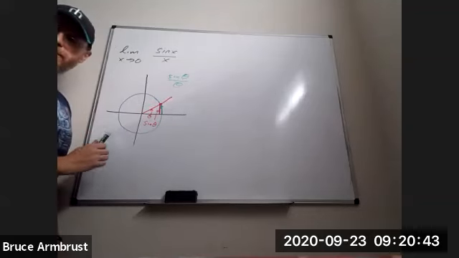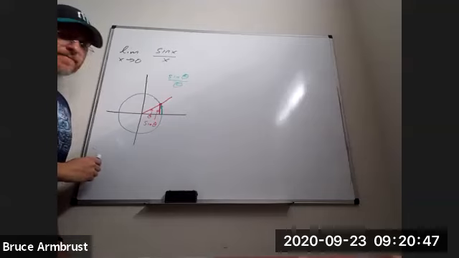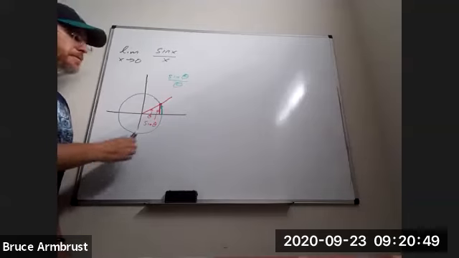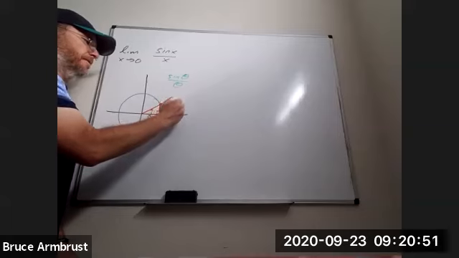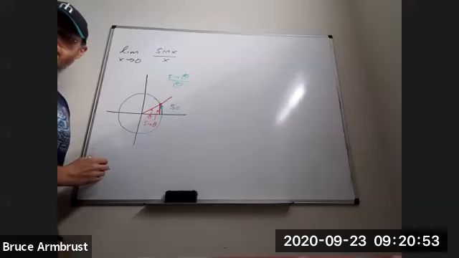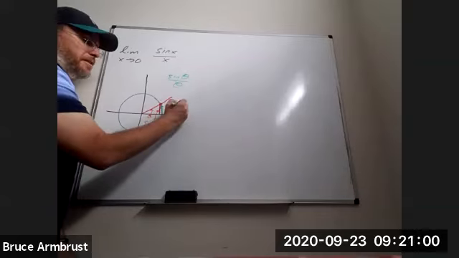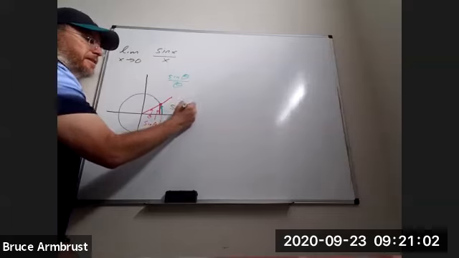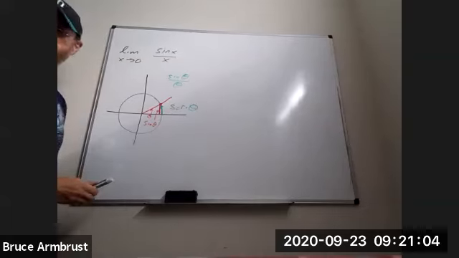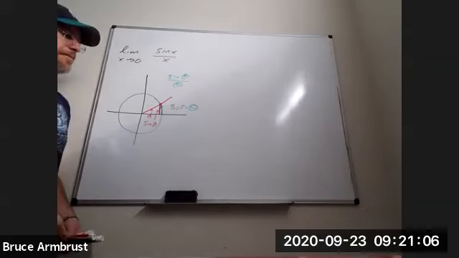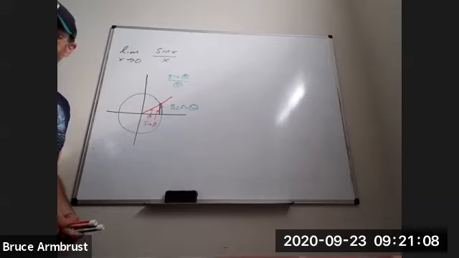anybody remember the formula for that? The one that starts S equals. Let's see, I'm not hearing anybody or anybody throwing anything up on the screen. It's given by S equals R times theta.